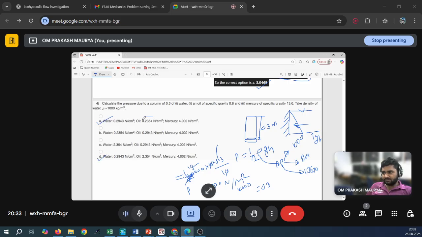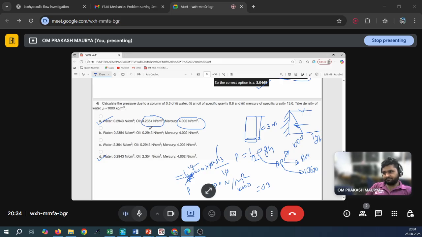Once you calculate the other two parameters, for mercury as well as oil, for oil it will be 800 here. So 800 means 24. In both 0.245, two options here are the same, I think, 2943, 2943.